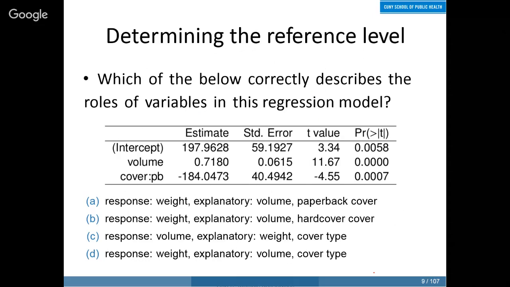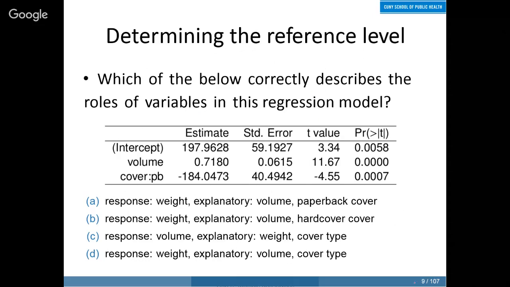Next, multiple choice. Which of the below correctly describes the roles of variables in this regression model? Well, first, tell me just what's the response variable here? Weight.